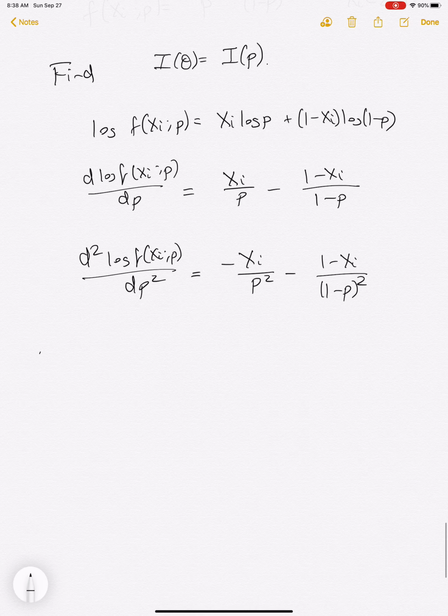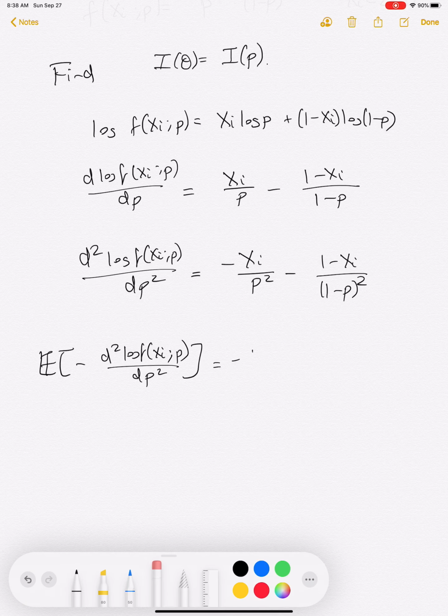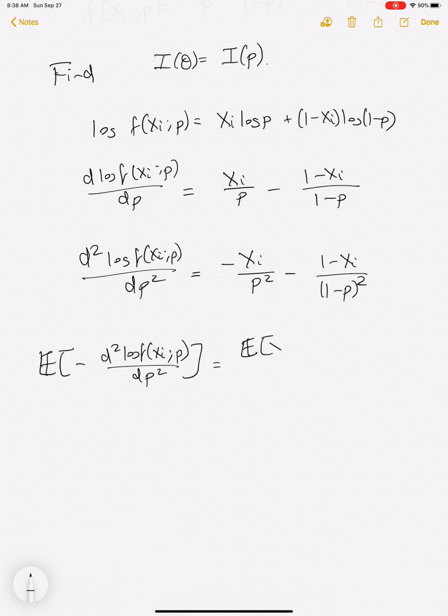Now let's look at the expectation of negative d squared log of f of xi given p over dp squared. The negatives go away, and you just get E of xi over p squared, plus E of (1 minus xi) over (1 minus p) squared.